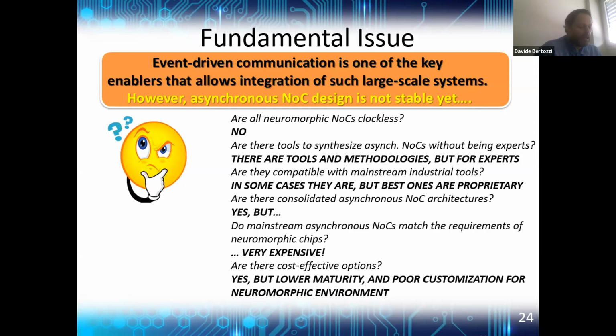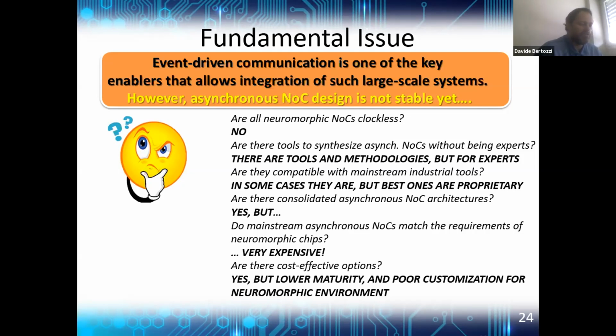There are actually cost-effective alternatives to these mainstream architectures that are gaining momentum. They are called bundled data architectures, as opposed to quasi-delay insensitive architectures that are mainstream. But these bundled data architectures, while a promising alternative to achieve low power and area overhead, introduce moderate timing constraints.